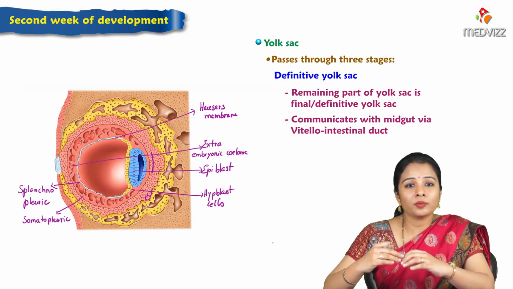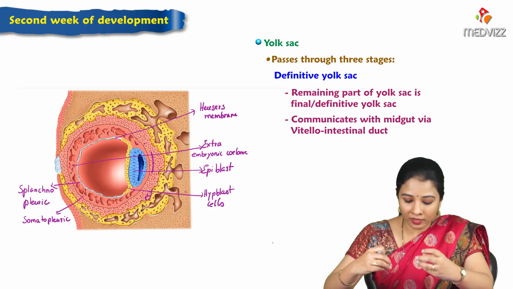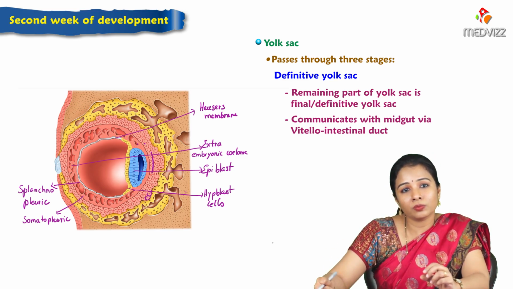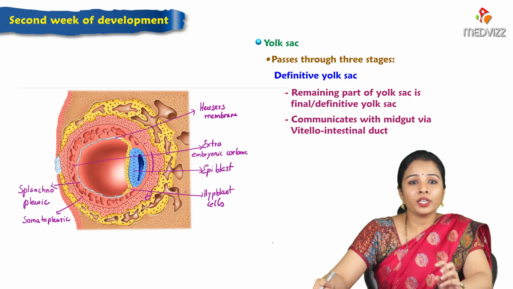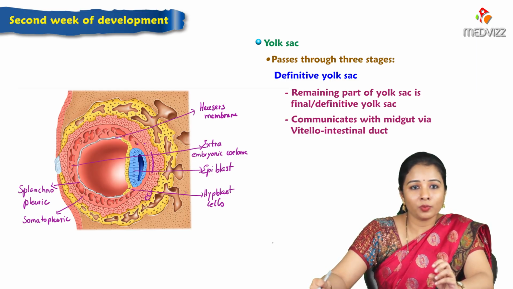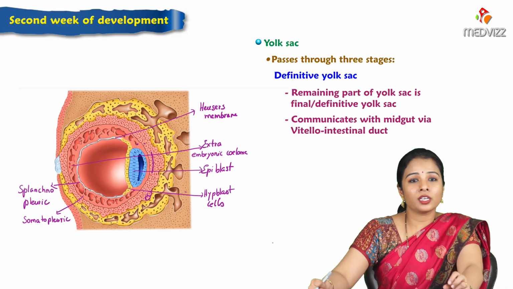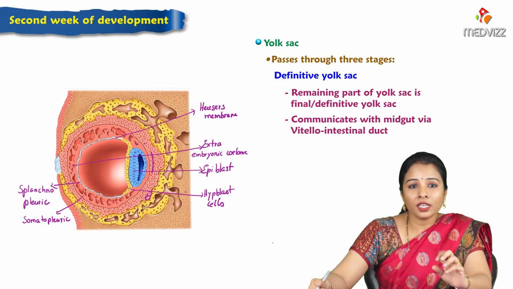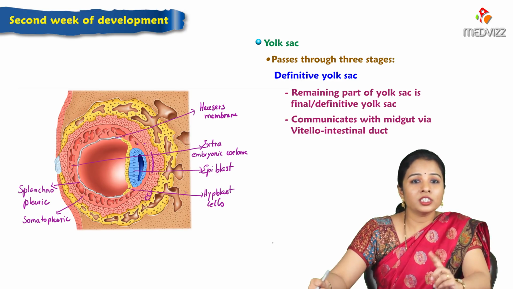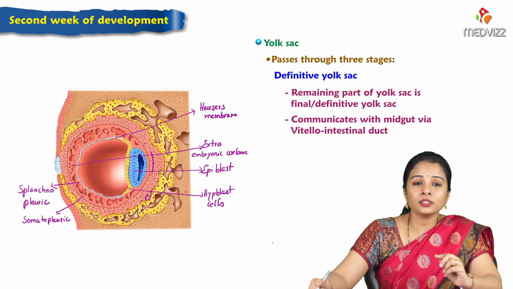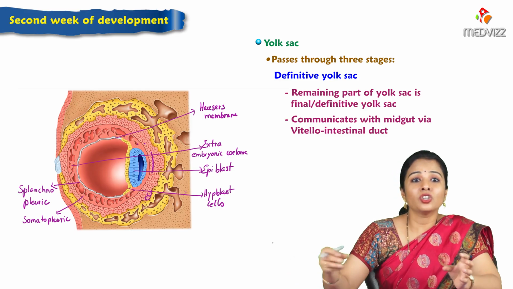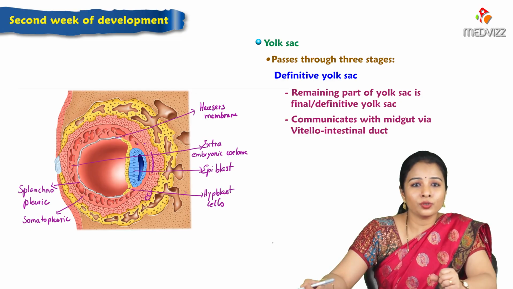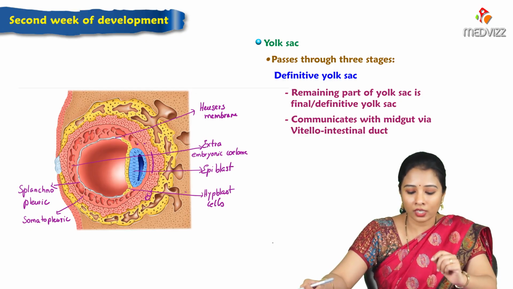In the extraembryonic mesoderm, a coelom develops, called the extraembryonic coelom, which differentiates this mesoderm into splanchnopleuric extraembryonic mesoderm and somatopleuric. Splanchnopleuric extraembryonic mesoderm along with Heuser's membrane is the secondary yolk sac. And one more change that happens in the secondary yolk sac is that part of the yolk sac is pinched off into the extraembryonic coelom, reducing the size of the yolk sac. So that is the secondary yolk sac.